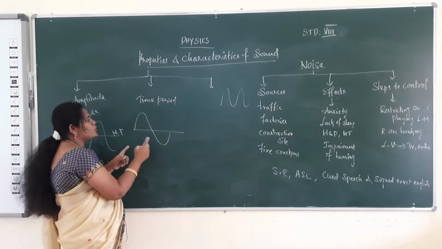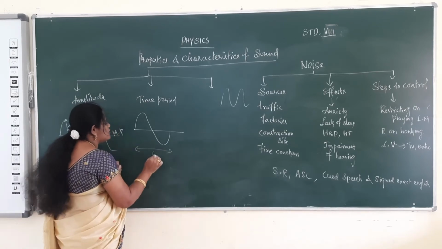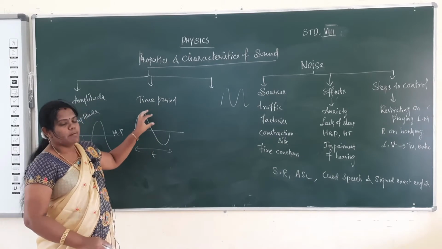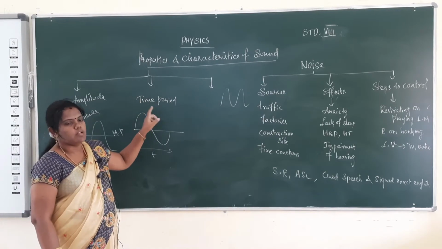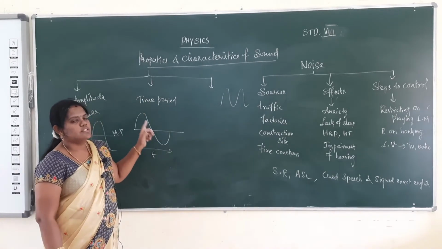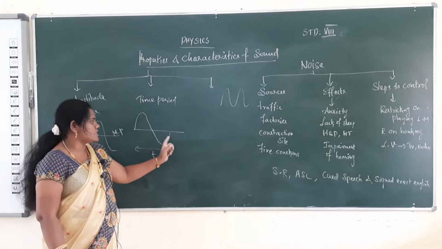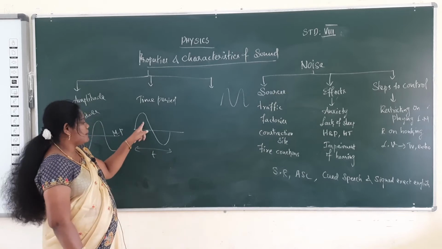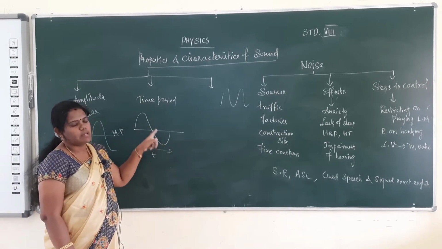So the time taken to complete one oscillation is called the time period. One oscillation has one upside amplitude and one downside amplitude, one crest and one trough.